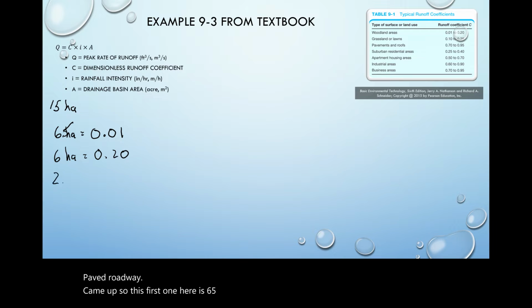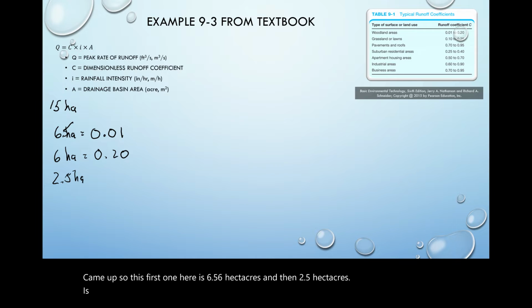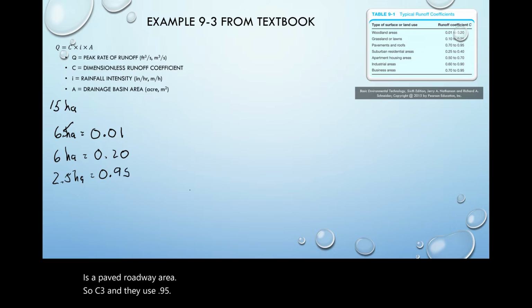And then 2.5 hectares is paved roadway area. So C3, and they use 0.95. Okay, so this equals C1, this equals C2, this equals C3.